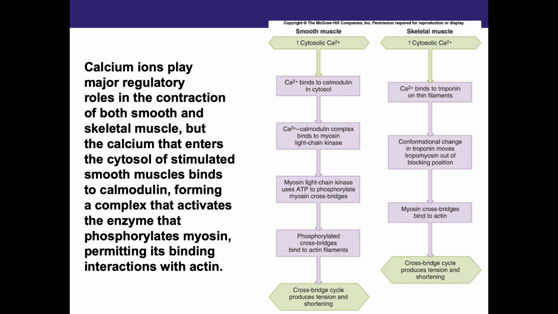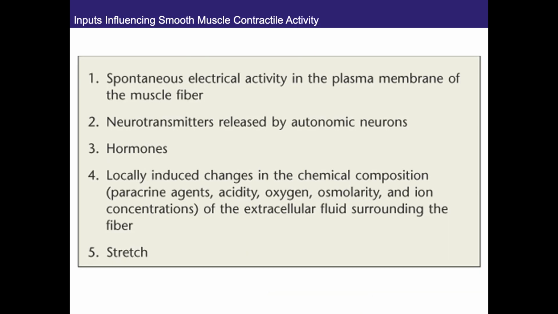All right, so going back, what are some of the other inputs that influence muscle contraction? We talked about the first one. You have some spontaneous rhythmic contractions. Neurotransmitters we also talked about could be important with that fight or flight response. You can get sustained contraction.